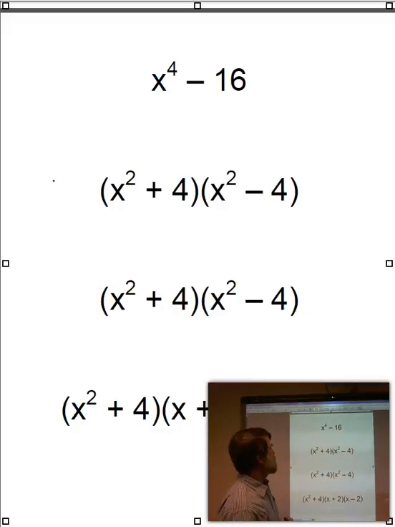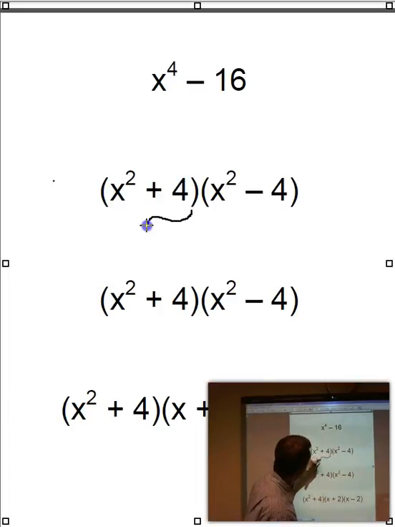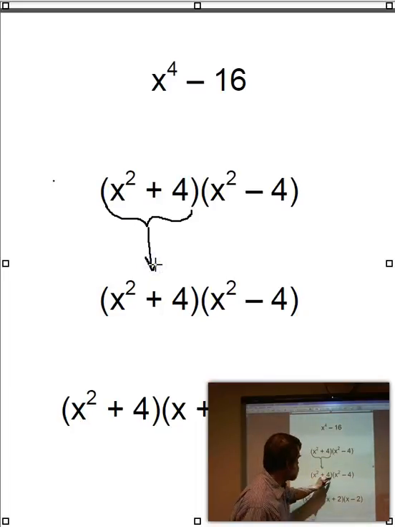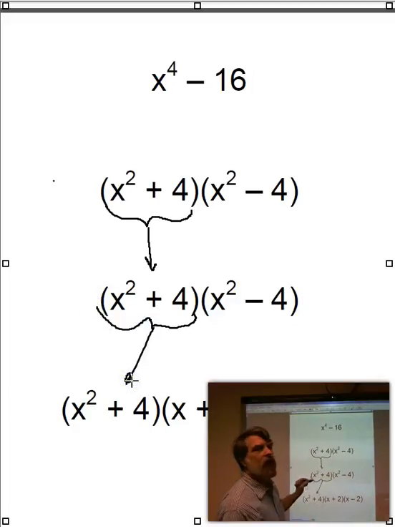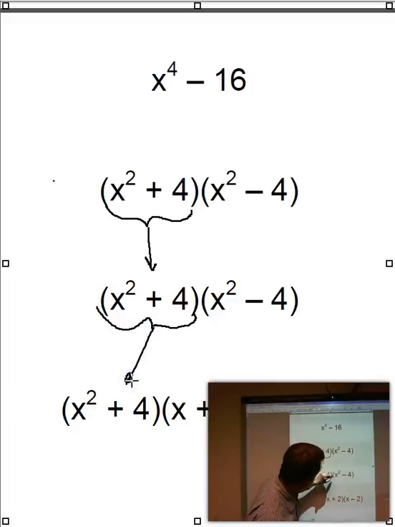This is a little different in that the first factor, x squared plus 4, is now completely factored as far as we're concerned, but the second factor is still a difference of squares. So we continue onward by just bringing down the first factor, and then look at the second one.